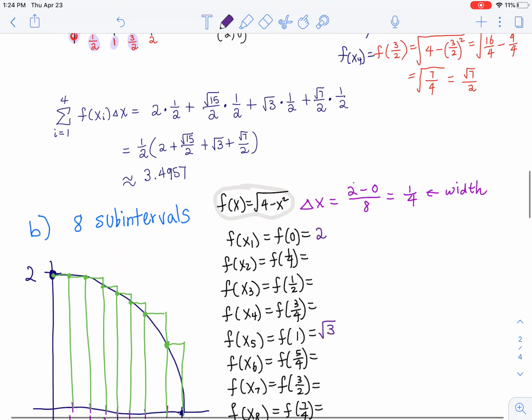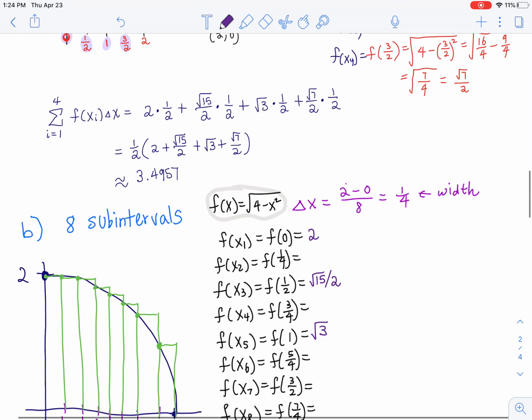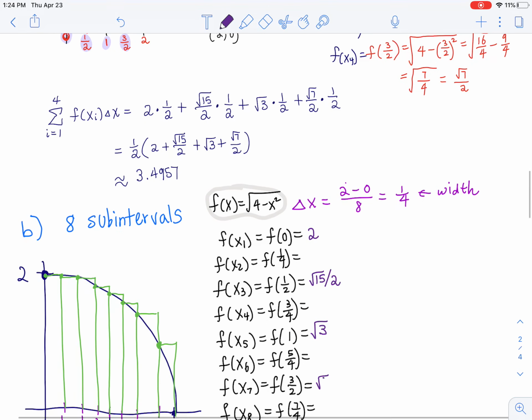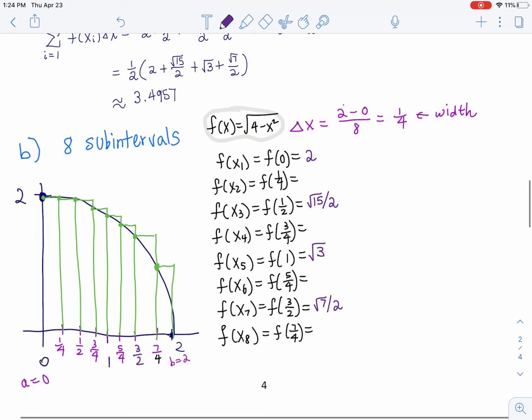So if I plug in 0 in there, remember that was 2. And then I think, remember, the 1 gave us square root of 3. I'm just copying from the line above that we did. We also did the half point. Half was square root of 15 over 2. And then 3/2 was square root of 7 over 2.